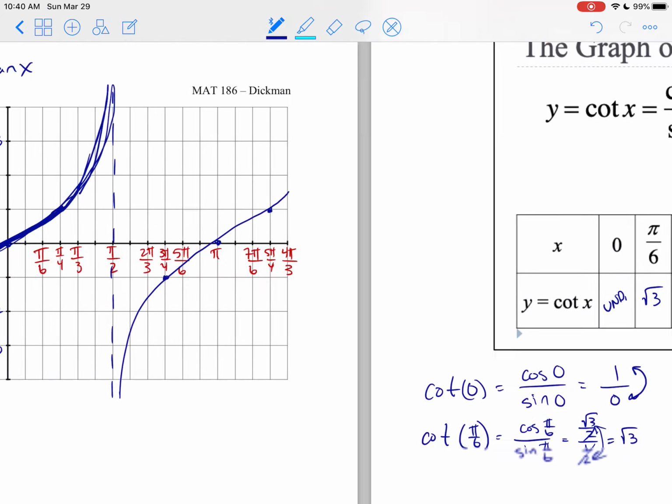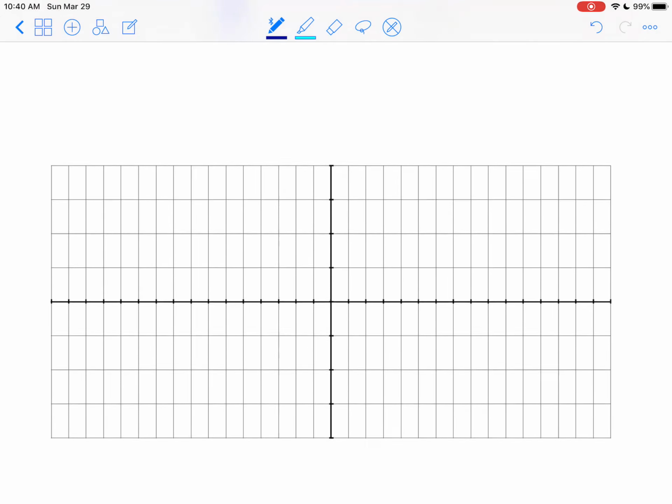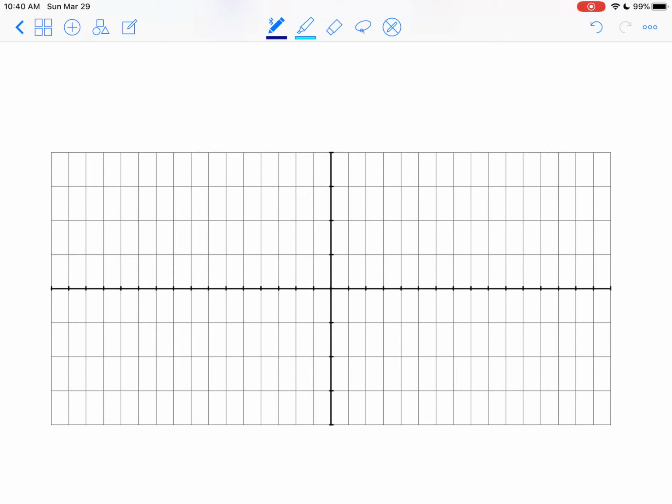And if I graph this the same way I did that one, I think this time we can focus more on the pi over 4s. So I actually think I'm going to count in terms of pi over 12. It's a good practice for the problems that would require a pi over 12 scale.